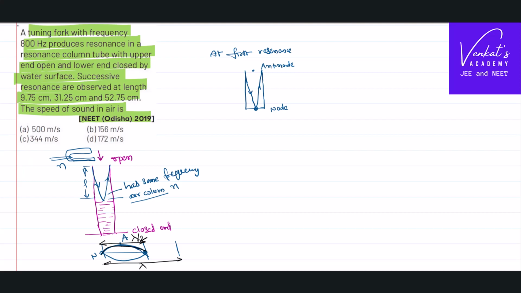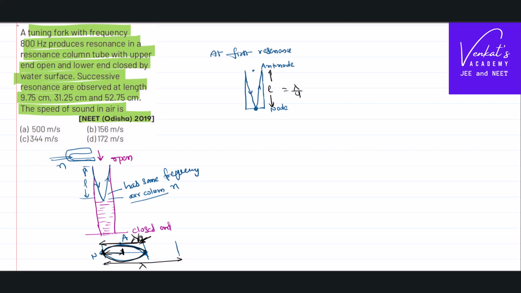The distance between a node and an antinode is half of that again, so the length of the air column is lambda by 4. L is equal to lambda divided by 4. That is the fundamental mode, where first resonance happens.